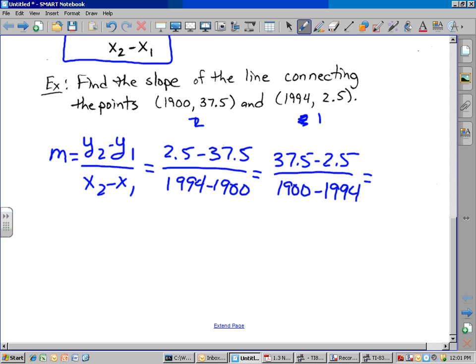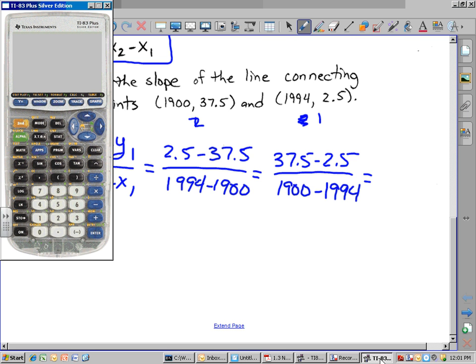Okay, so let's put this into the calculator. There you go. Wouldn't it be negative 35 over 94? That is correct. But the calculator is probably going to give you a decimal first if you're using graphing. Then you hit second, math, and number one will give you a fraction.